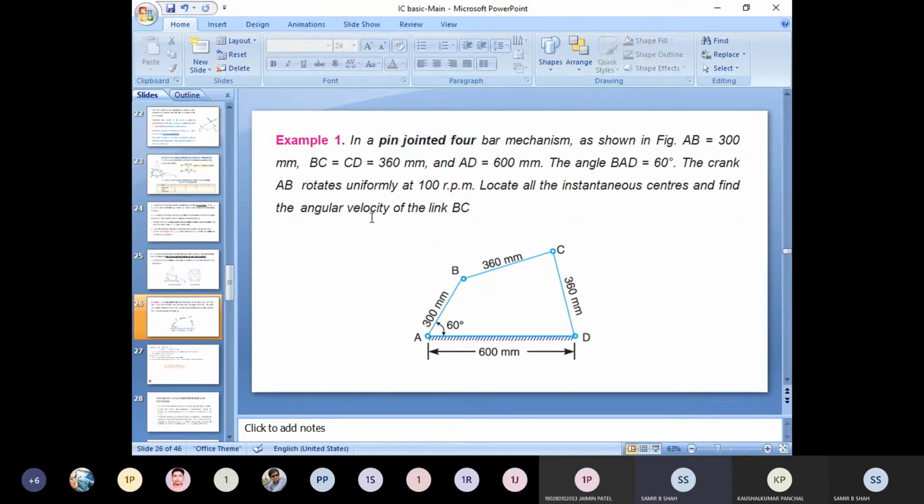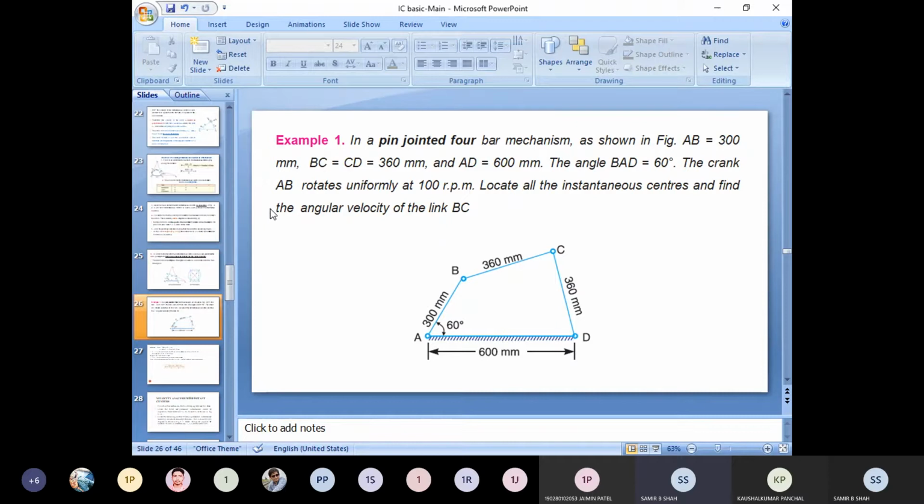In a pin jointed four-bar mechanism, as shown in the figure, AB is 300 mm, BC and CD are equal to 360 mm, and AD is equal to 600 mm. The angle BAD is 60 degrees.